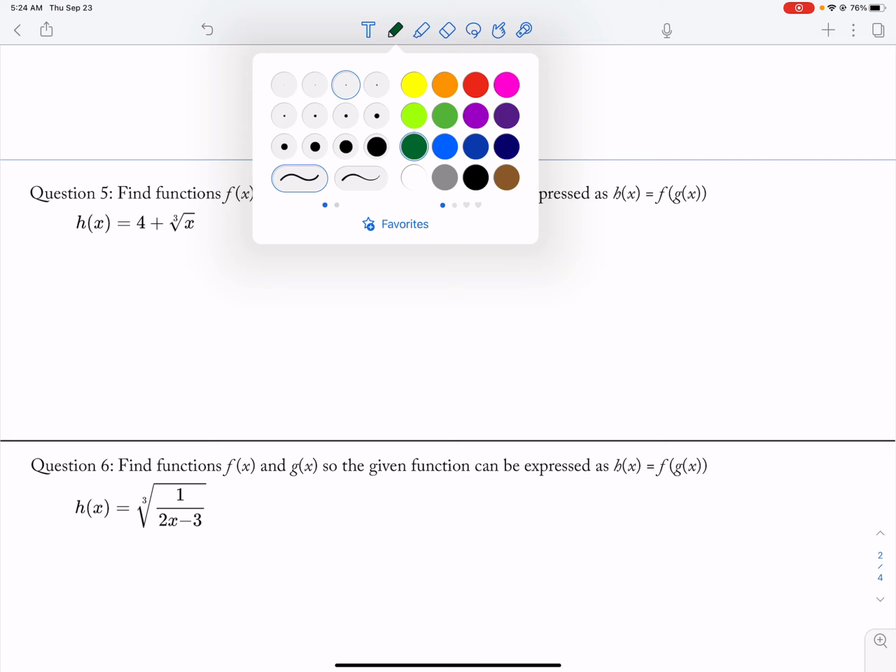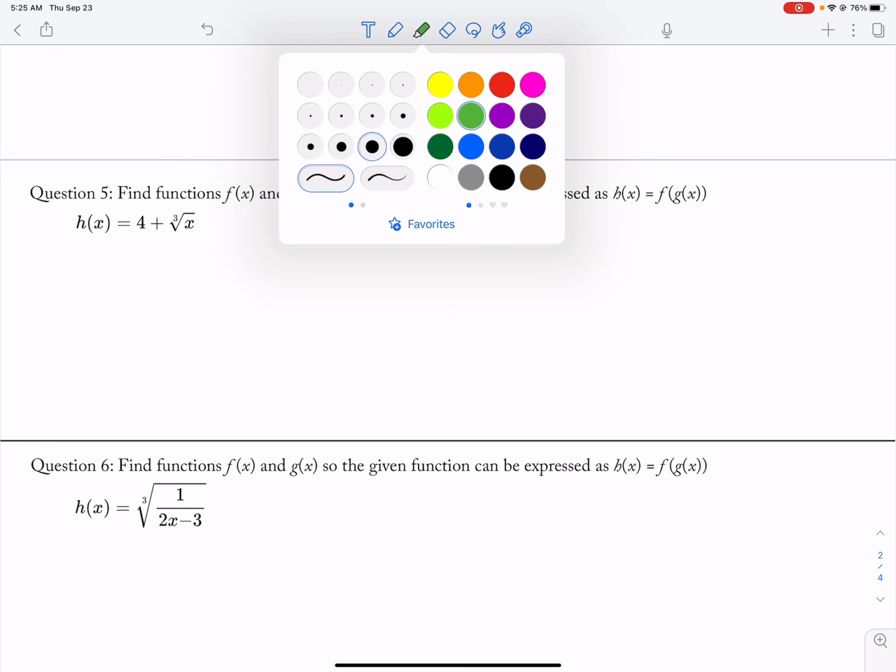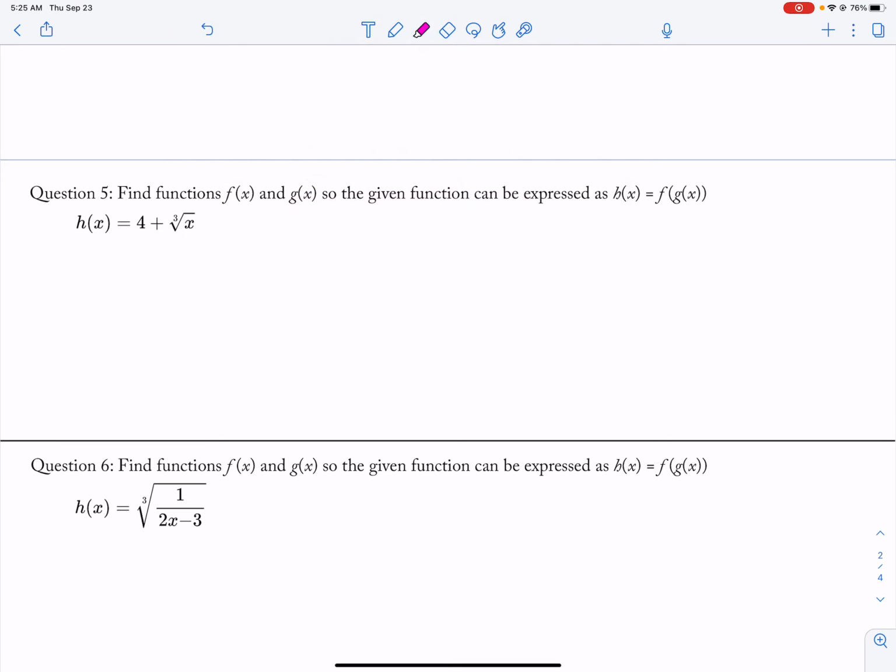What it looks like, because there's no real inside outside function coming right at you, right? So what it looks like is my inside function is like that x cubed.